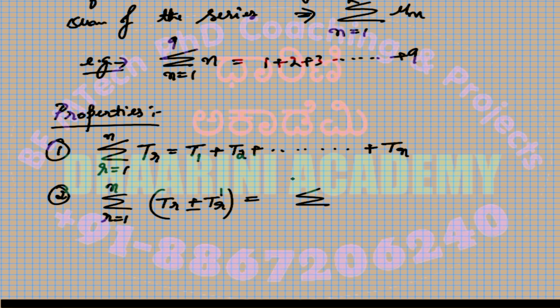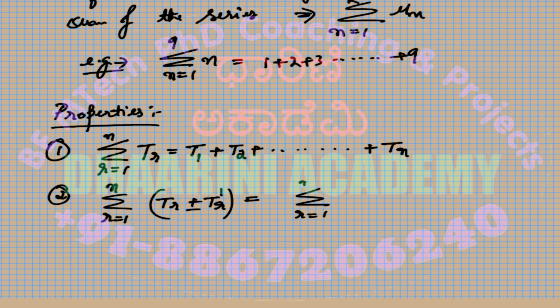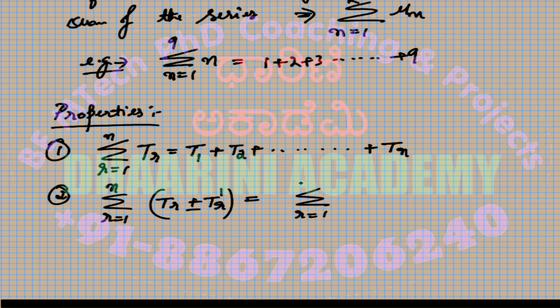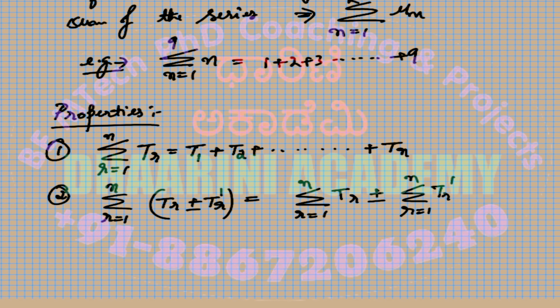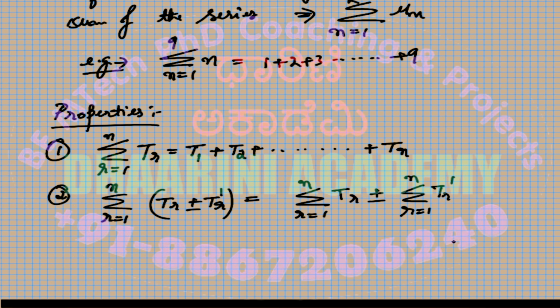Summation r is equal to 1 to n of Tr plus or minus the summation r is equal to 1 to n of Tr dash. So this property is called the distributive property under addition and subtraction. The summation, which was one summation in the beginning, can be distributed into two parts, right? So you can distribute.